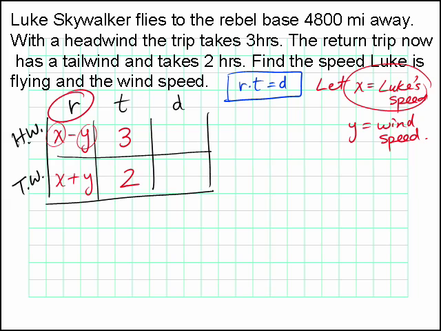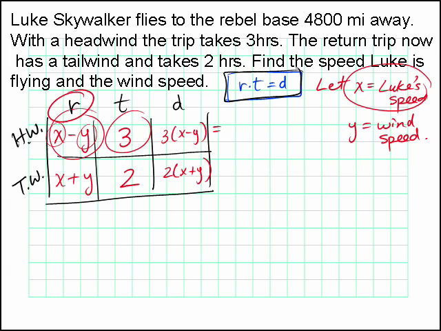Now, we know that rate times time equals distance, and so this is going to be rate times time, distance would be 3 times X minus Y. And the same thing here, this would be 2 times X plus Y. Now, for each trip, we know that the distance is 4,800 miles. If you go 4,800 miles out, the return trip would also be the same.